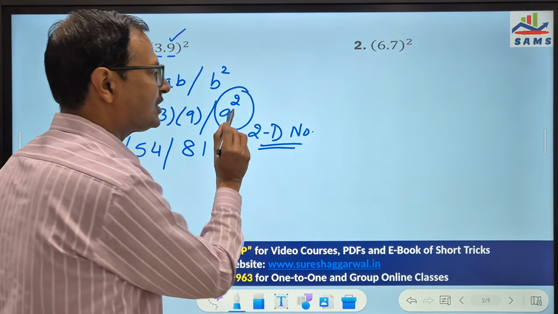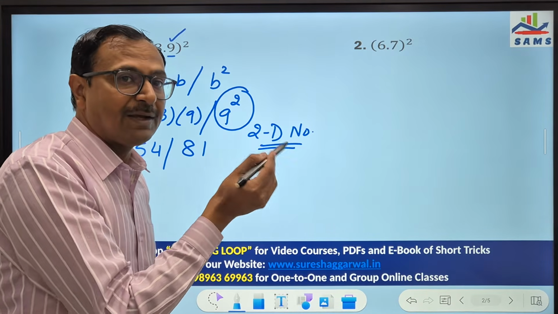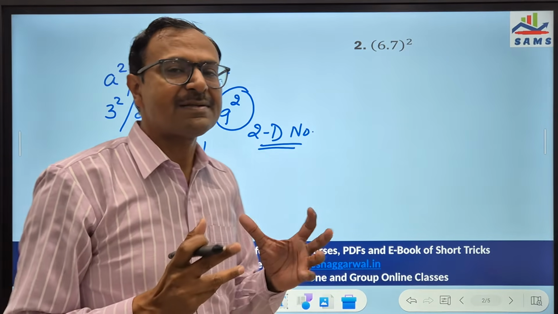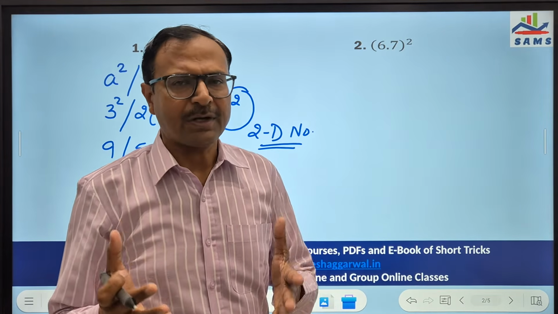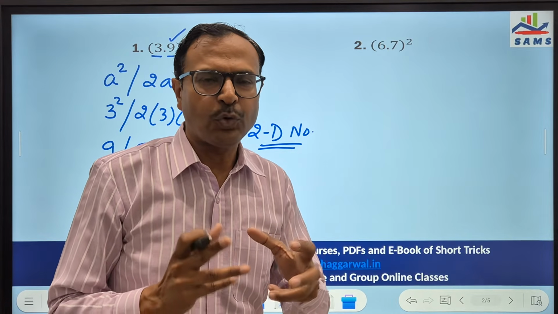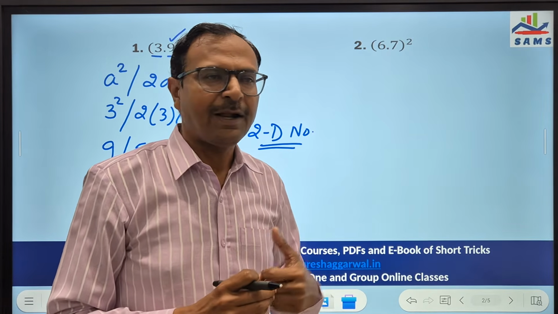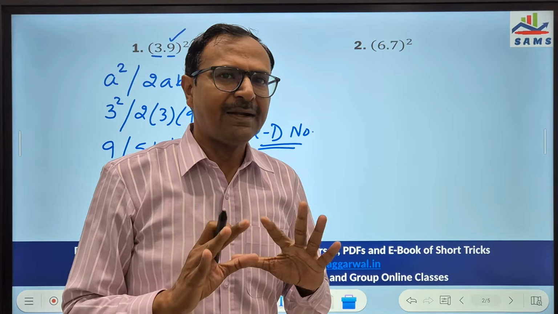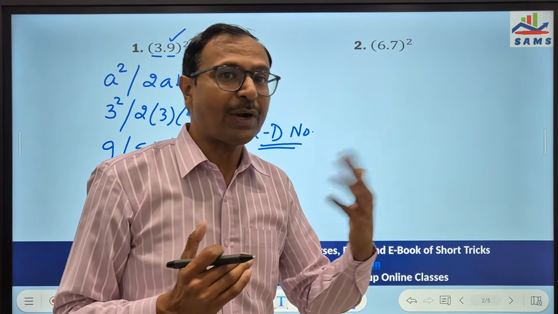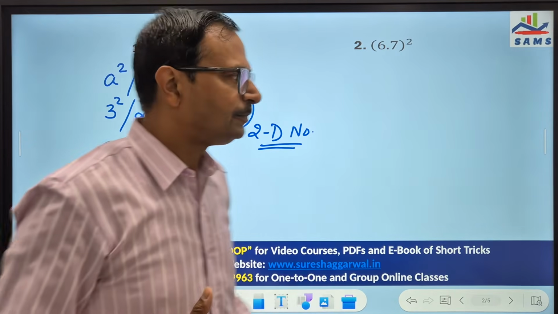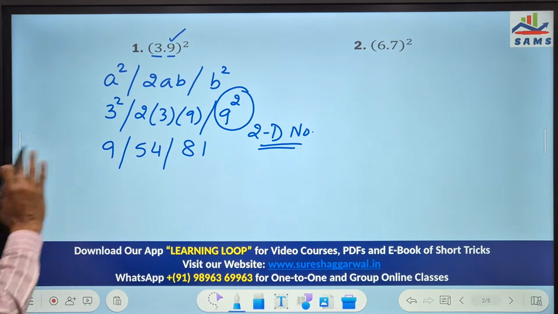If it is a single digit number like 3 square is 9, then you have to write it as 09 here, and that is one of the basic and important things which you might remember. But sometimes, even if you don't write it as 09 or 04 as 2 square, it works, and you need to be smart. Where should you write 09 and where not? So that comes with practice. So let's see what happens here.